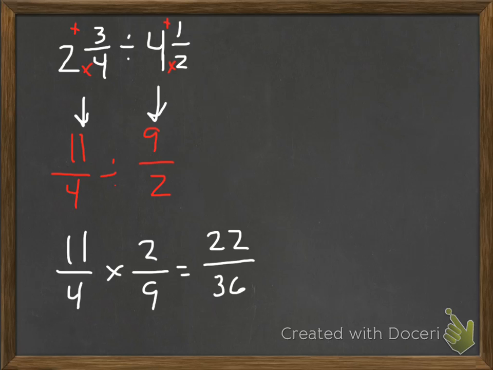So this number is fine. It's a regular fraction, not improper, so I don't have to divide. I have a lot of students that still want to do that, which is not necessary.